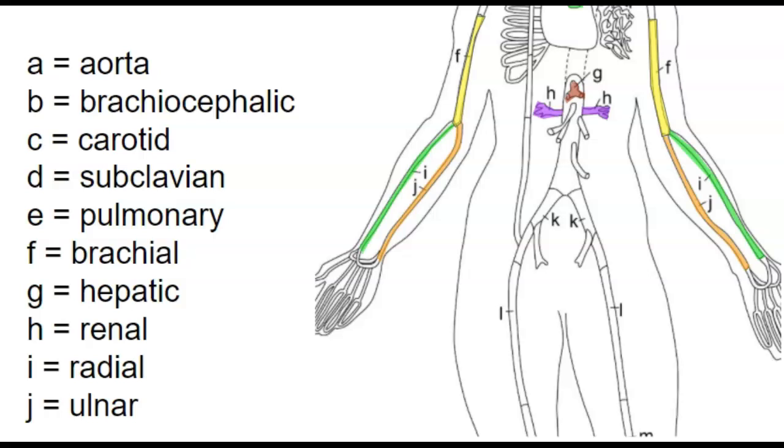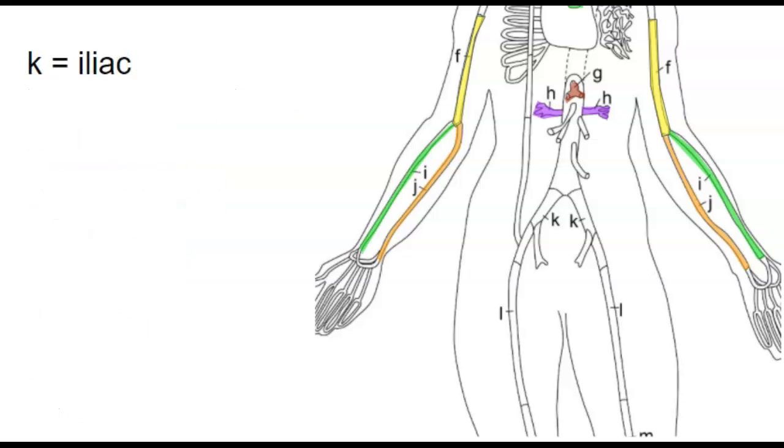And I think we need to continue. So K here, I got lazy and forgot to color code these. So pretend they're color coded. K is iliac. Anything that starts with I-L-I-A refers to your hip bones. And so iliac arteries are down by your hips.